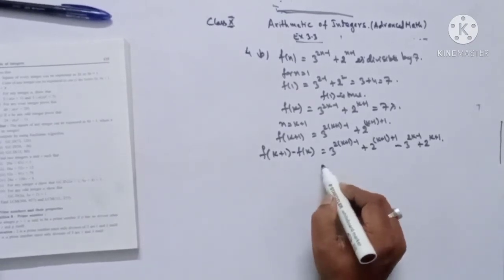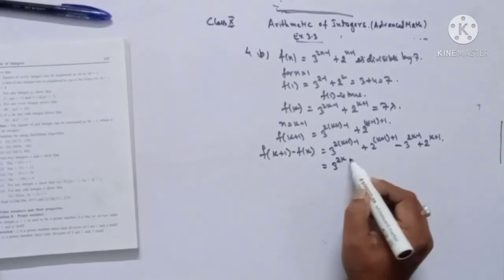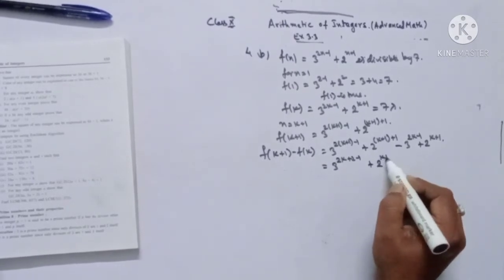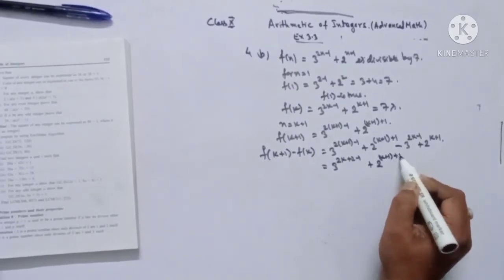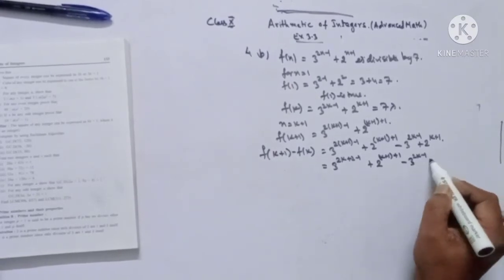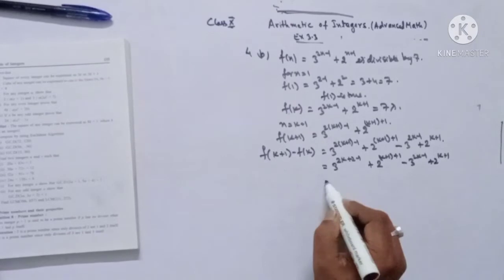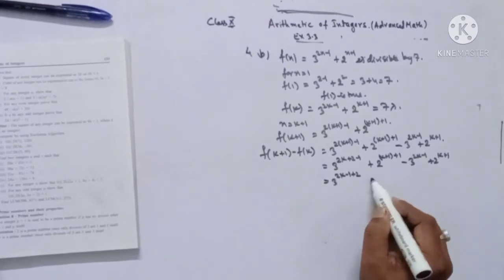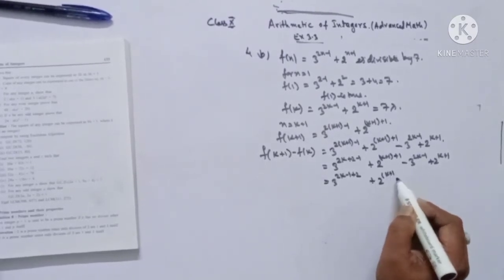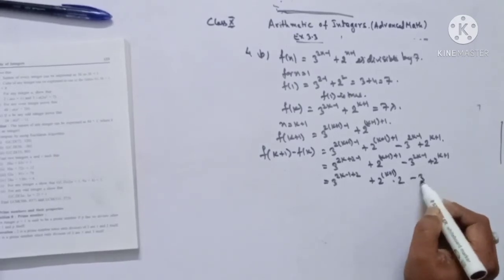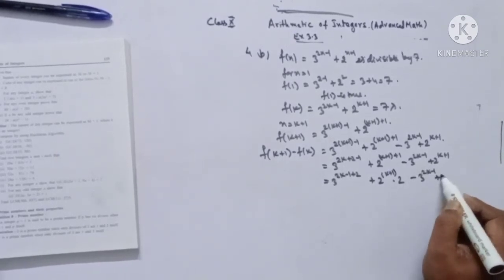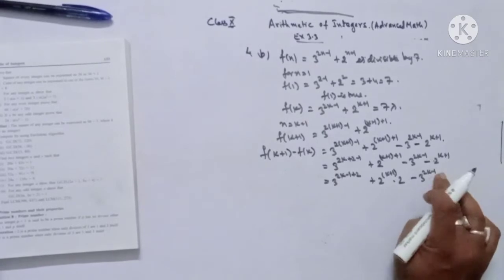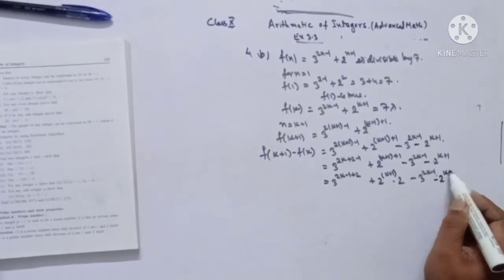So this will be equal to 3 to the power 2k plus 2 minus 1 plus 2 to the power of k plus 1 plus 1 minus 3 to the power of 2k minus 1 minus 2 to the power of k plus 1.